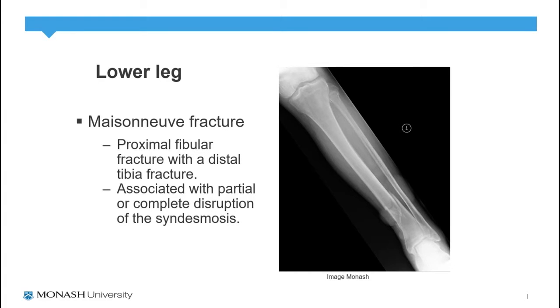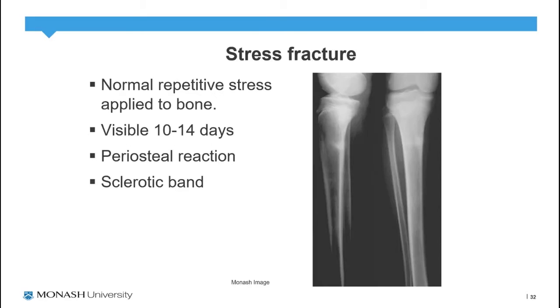But if you look very closely around the knee joint, you will see that there is a fracture of the fibular head, as there is an association because of either partial or complete disruption of the syndesmosis. So really important when there are significant ankle fractures, to ensure that the whole of the leg is included with the head of the fibula.